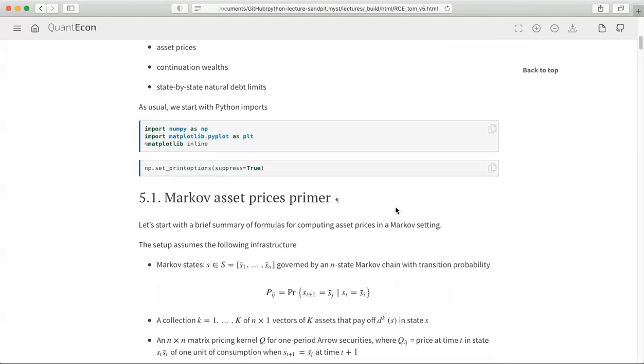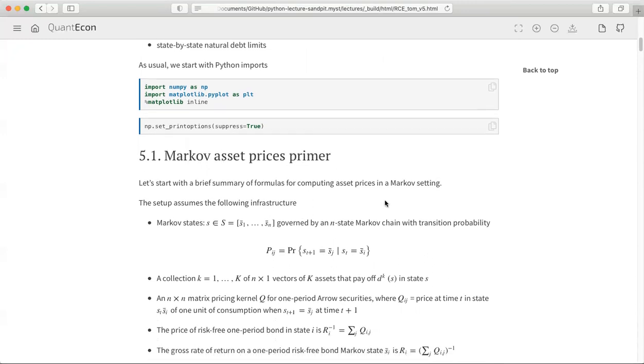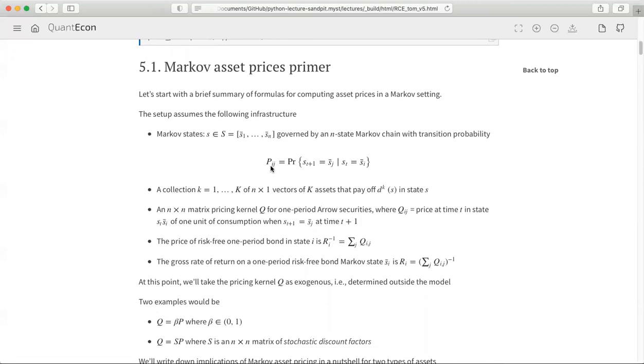Okay, so we started with a Markov asset prices primer, and we talked about how we had an N by N matrix, Q, where Qij is the price at time t in state St equals Si of 1 unit of consumption when St plus 1 is equal to Sj at time t plus 1. So that's our pricing kernel.